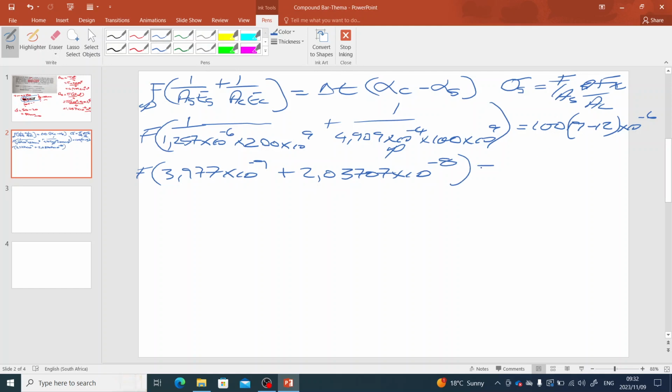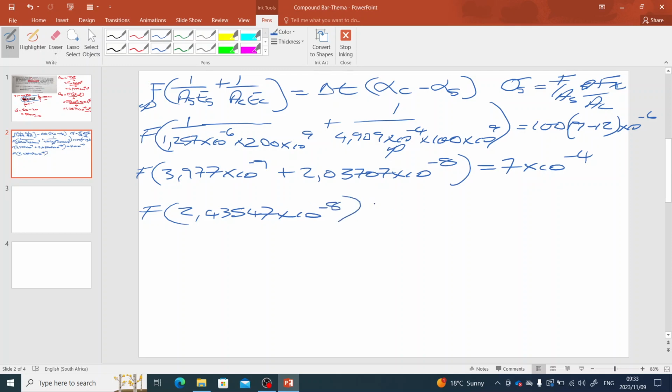Then on this side, I punch in 100 times 19 minus 12 times 10 to the power negative 6, multiplied by 7, and I get 7 times 10 to the power negative 4. Okay, now when we remove the bracket, we obviously have to add. When we add that, I get the bracket equal to 2.43547 times 10 to the power 8.